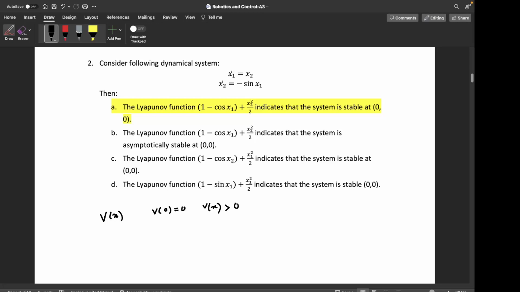This is a crucial property, and there are a couple of conditions. Also V(x) has continuous partial derivatives, and regarding the derivative of V, V dot of 0 should be 0, and V dot of x should be negative semi-definite, right?